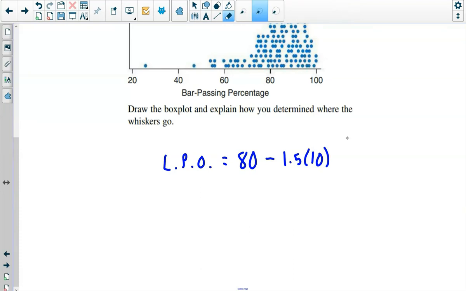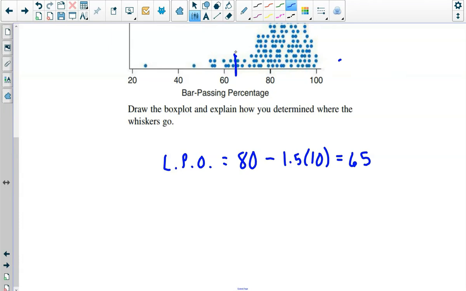So 1.5 times 10 is 15. 80 minus 15 is 65. And there we go. So anybody below 65 is a potential outlier. So if we're looking up here, 65, 1, 2, 3, 4, probably right about there. So all those dots below that are potential outliers, and we'll talk about that here in a second. Okay?